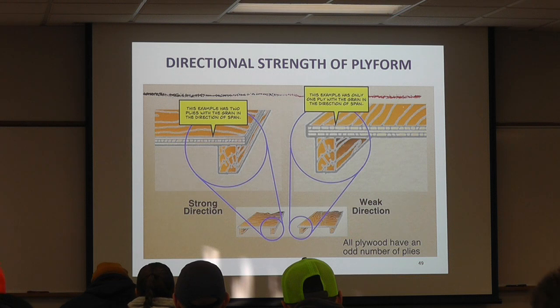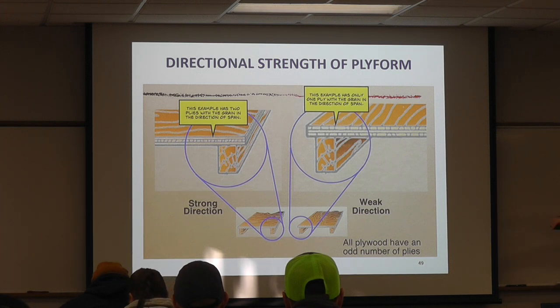When we look at plywood or ply form, it always has, maybe I shouldn't say always, but this material has an odd number of plies, either 3 or 5. And on the top and the bottom, the direction of the grain is the strong direction. So you typically want to see that ply form, if you're going from girder to girder, running with the grain of that plywood from girder to girder.